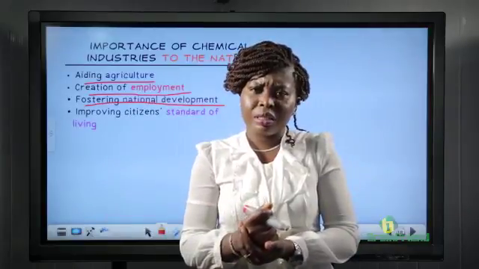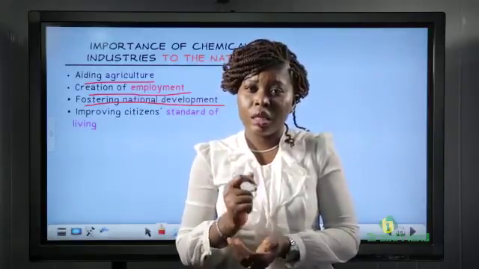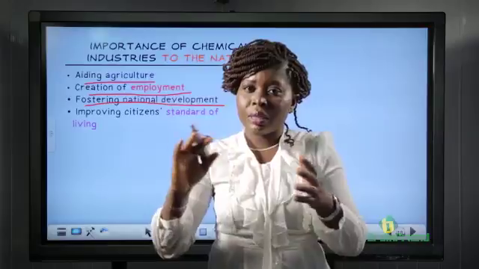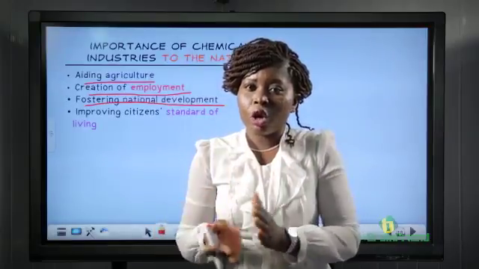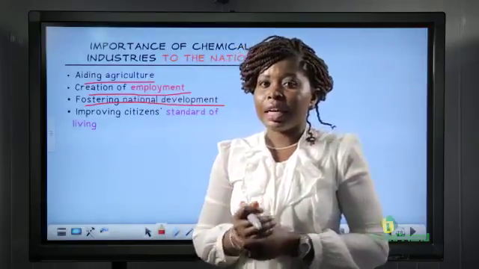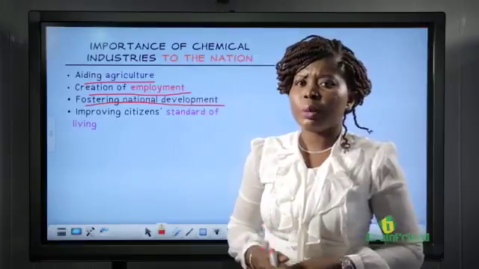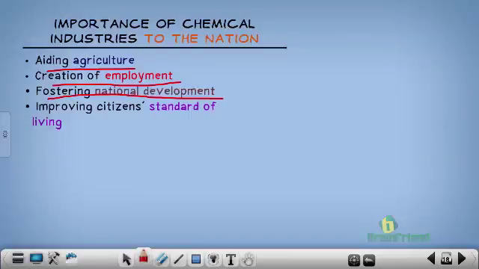And these chemicals are sometimes exported to other countries that are in need of them. This is a source of government revenue as well. Now, when these revenues come in, the government can use them to develop the nation in several ways.